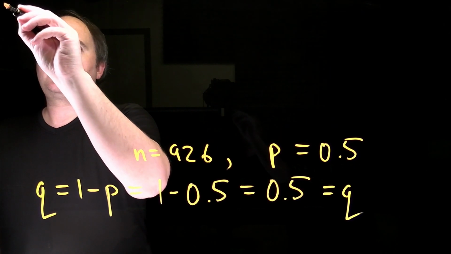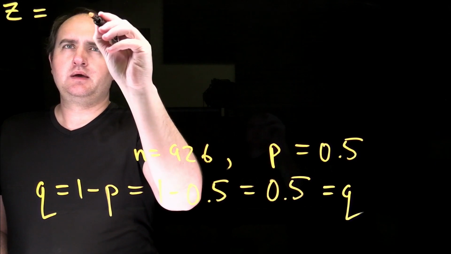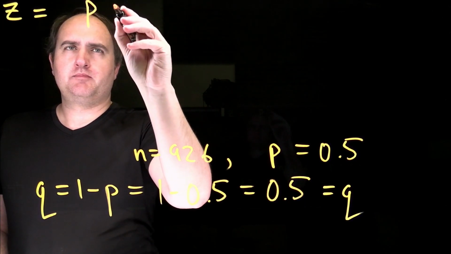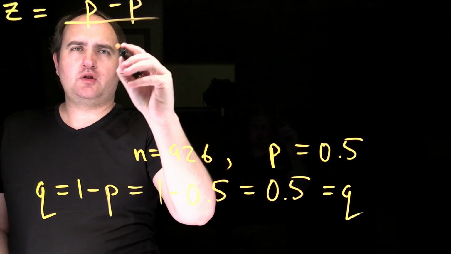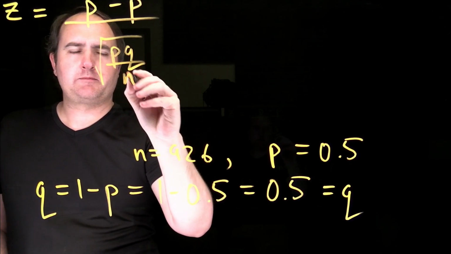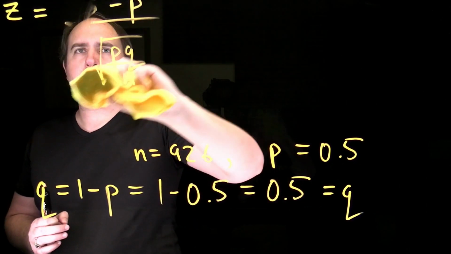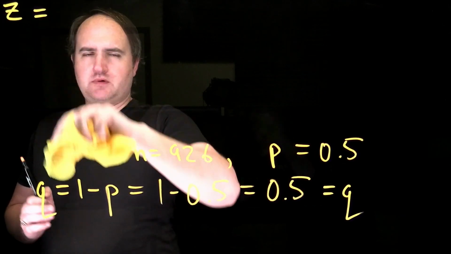All right, so our formula for the test statistic z is p hat minus p all over the square root of pq over n. Ooh, I wrote that too high. I'm so sorry. Let me just write that a little bit lower.